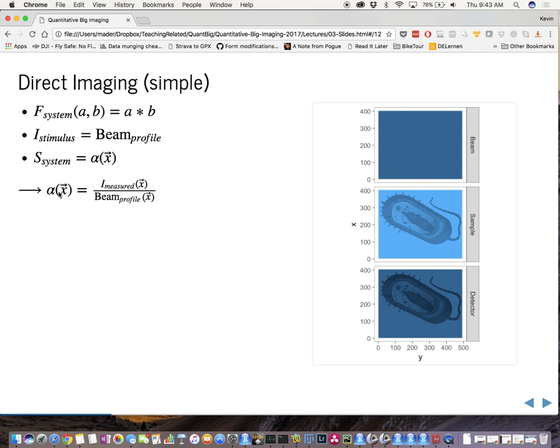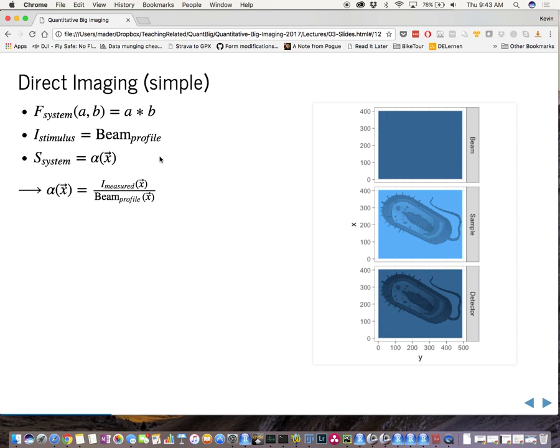For a computed tomography image, this is just flat field correction: you take a picture of your beam, you take a picture of your sample in your beam, and then you divide the two in order to get the image of your sample.